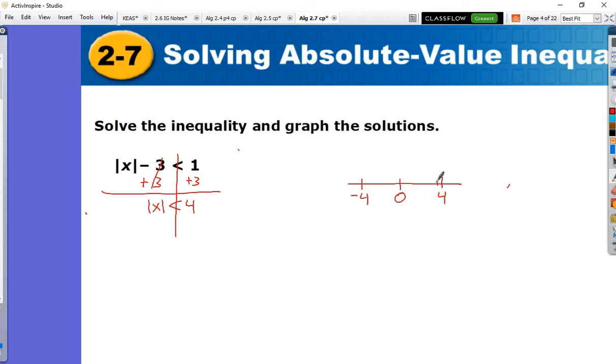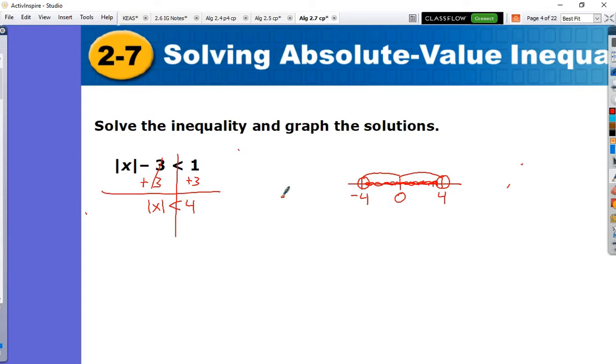So we're looking at everything in between here from 4 to -4. These would all have an absolute value of less than 4. And because it cannot equal 4, we would have an open circle on -4 and an open circle on +4. So that would be our answer for the first one. It shows the absolute value of x being less than 4. The distance away from 0 is less than 4. So there's our first one.